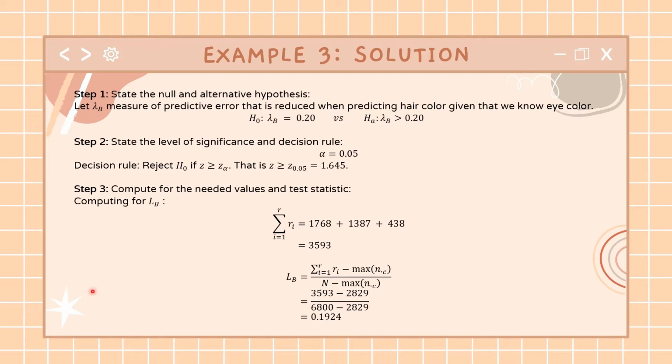Computing for the needed values and test statistic, we have the maximum values per row to be 1768, 1387, and 438. So, yung summation nila ay 3593. So, meron tayong lambda of b to be this value 0.1924.